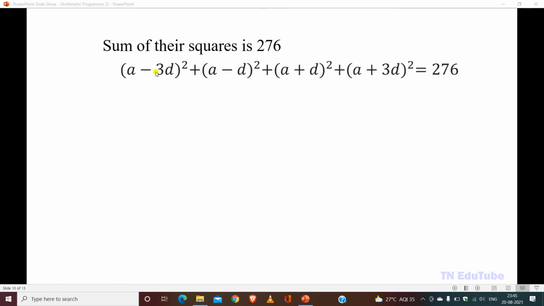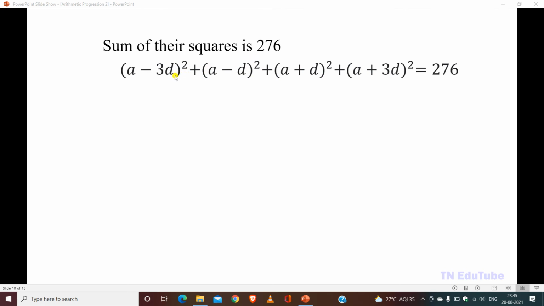Then the sum of squares is 276. Sum of squares. That means each term should be squared and then added. 4 terms will be there. Square it and add it. So the expression will be coming like this. This is in the form a minus b the whole square. a minus b the whole square.